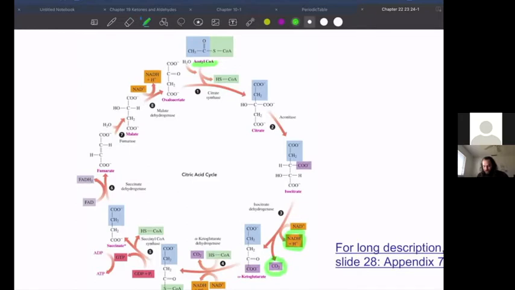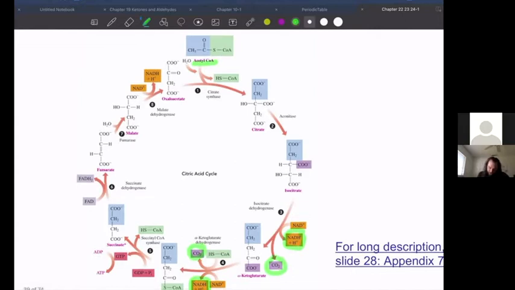While that's generated, it releases a molecule of CO2. In the next step, another molecule of NADH is generated, again releasing CO2. So that's where our 2 CO2s come from. We have this GTP generated, but again, that quickly gets converted to ATP.